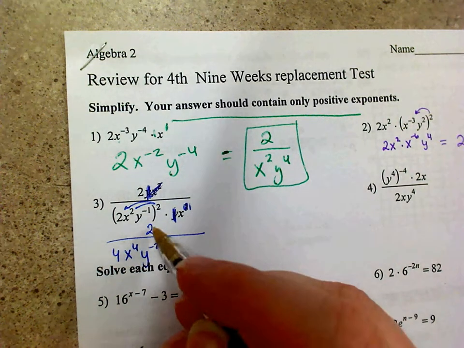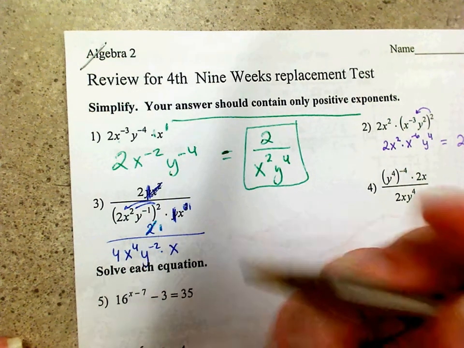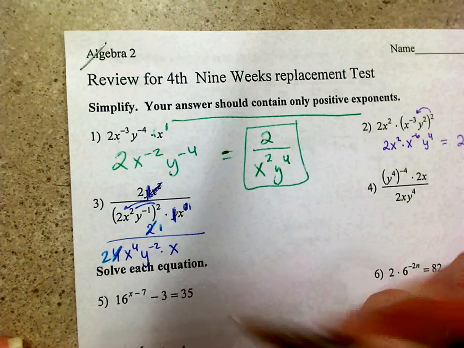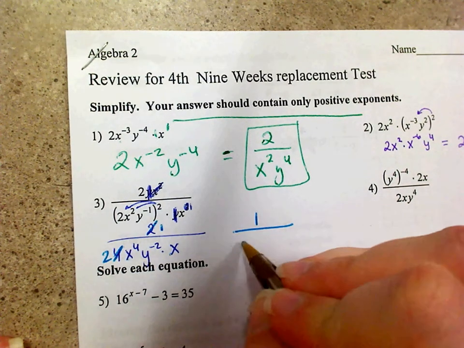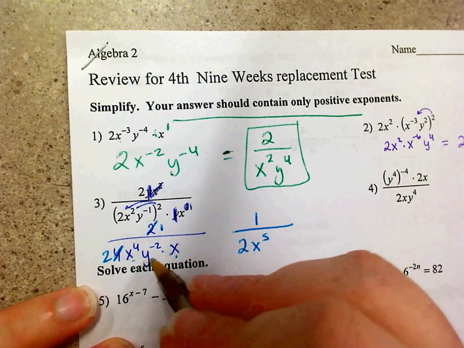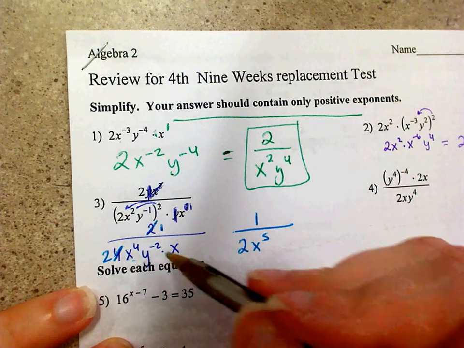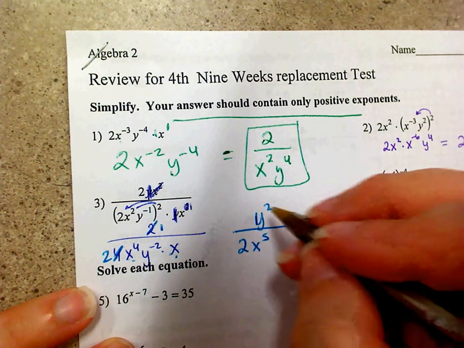Well, this 2 and this 4 will simplify as well. So 2 divided by 2 is 1, 4 divided by 2 is 2. These two x's combined, so I've got 1 over 2, x to the 5th, and then y to the negative 2nd. But if it's a negative power in the bottom, I'm going to move it to the top and make that y to the positive 2 on top. And there we go.